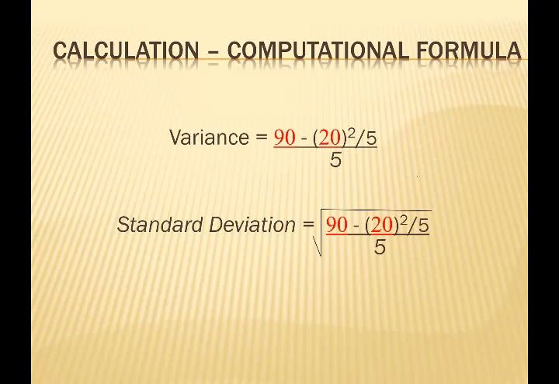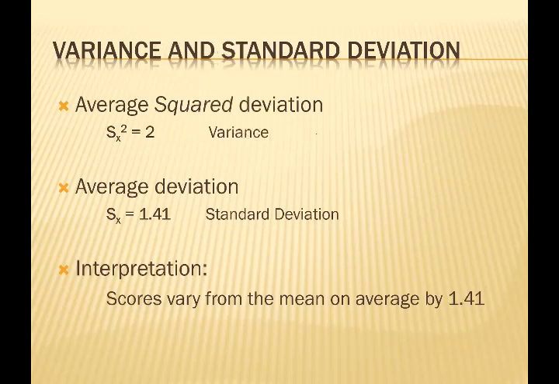And then it's square rooted for the standard deviation. When you take 20 squared divided by 5 and subtract from 90, it becomes 10 over 5, which becomes 2. And when you square root, it becomes 1.41. So same numbers that we saw earlier.